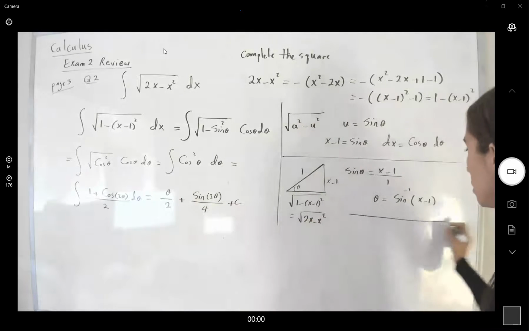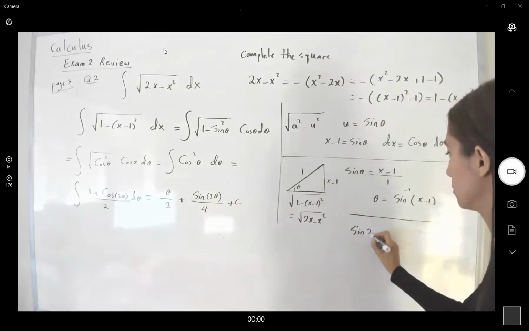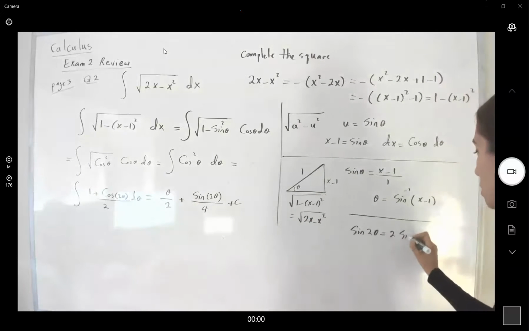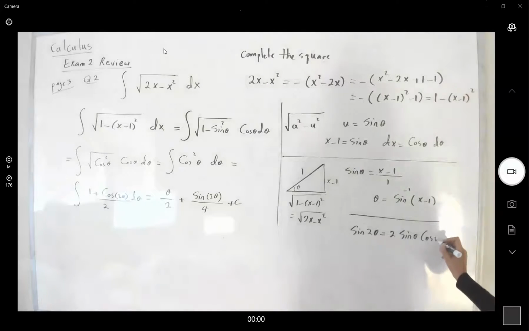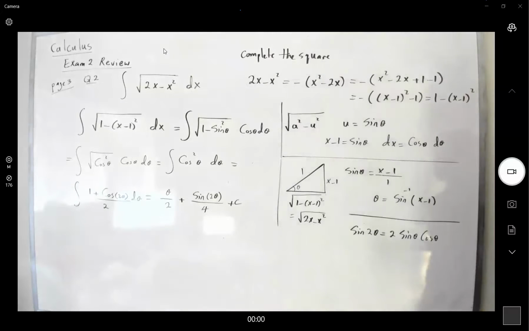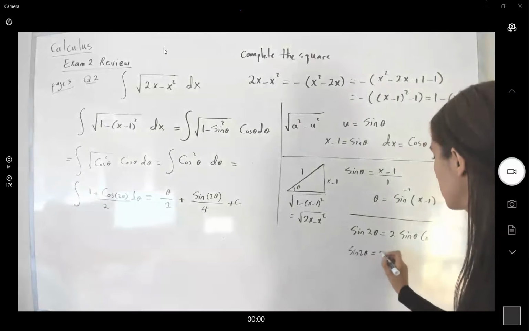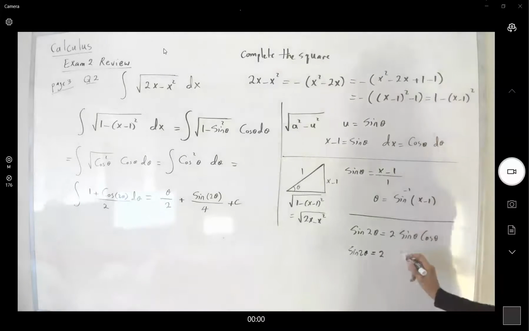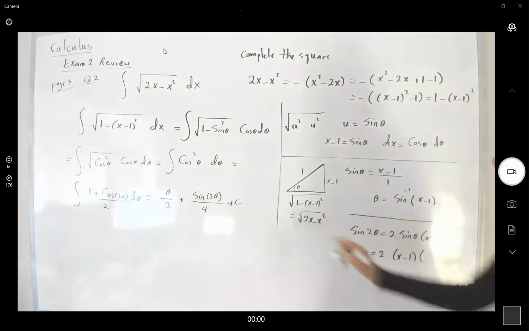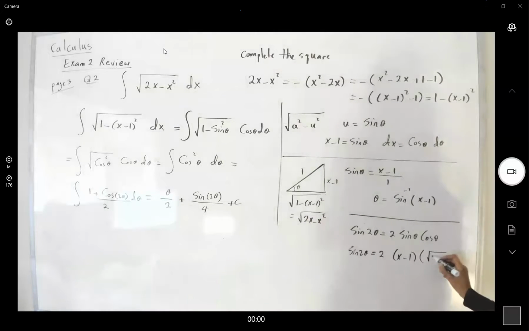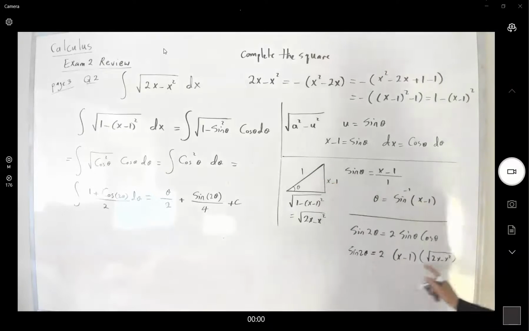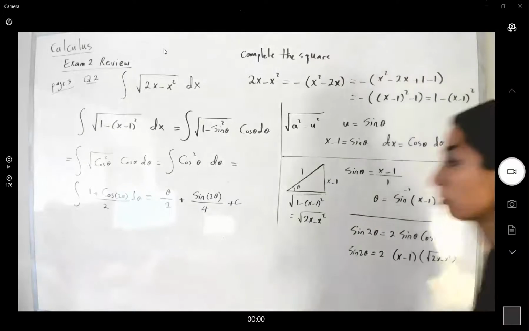Sine 2 theta is equal to 2 sine theta cosine theta. This is what we learned in pre-calculus. So sine 2 theta can be written as 2 sine theta, which is x minus 1, times cosine theta. The definition of cosine is square root of 2x minus x squared divided by 1, so we're not going to write down 1 in the denominator.